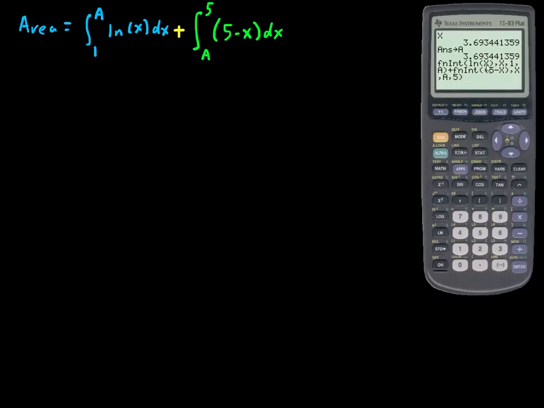Okay, make sure I add it down. So natural log of x is x goes from 1 to a. 5 minus x is x goes from a to 5.